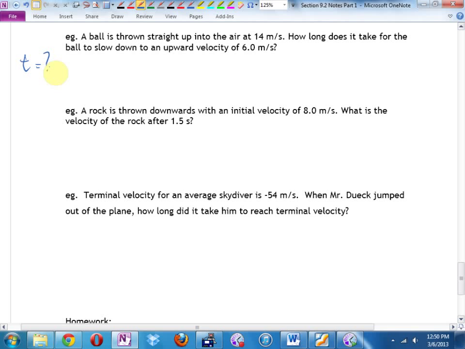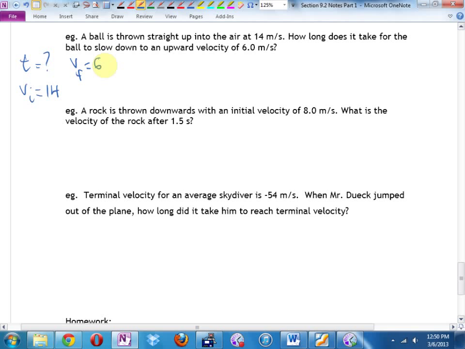What's that? v initial is 14. I see a 6. What's that? v final is 6. It does say upward velocity. So I need one more thing.